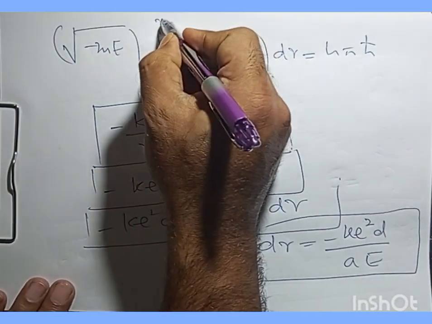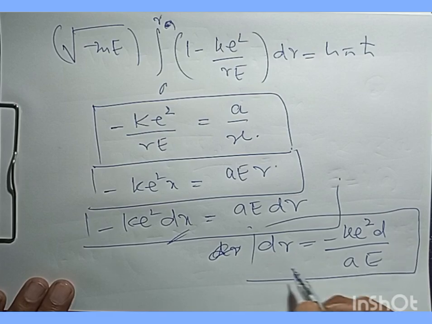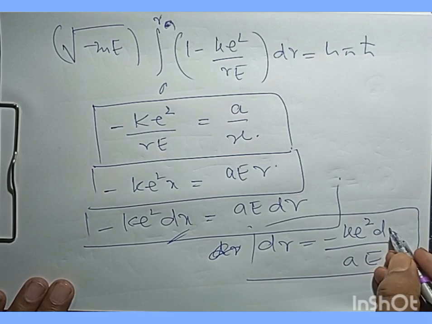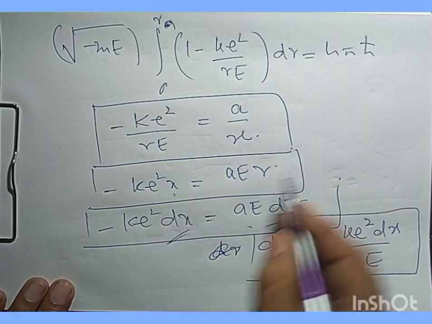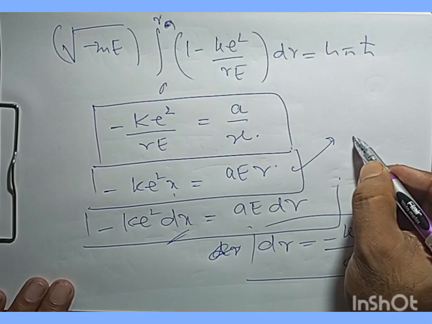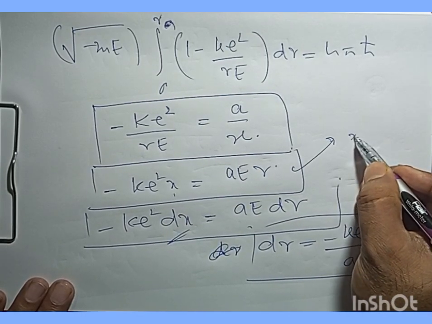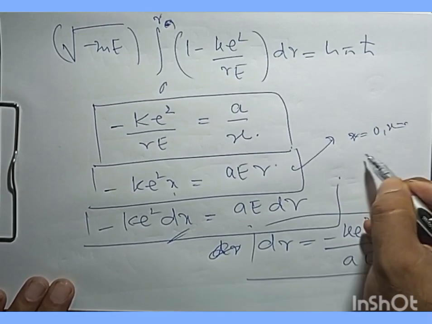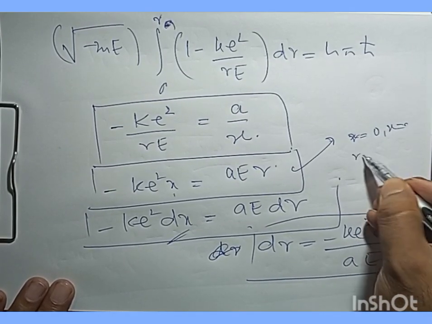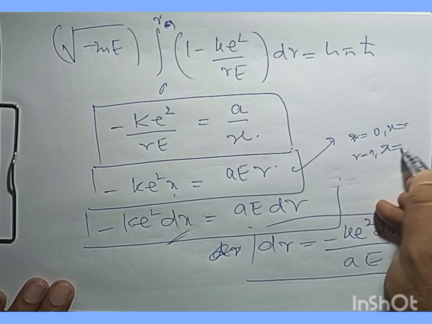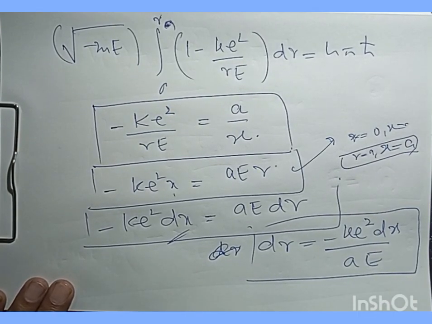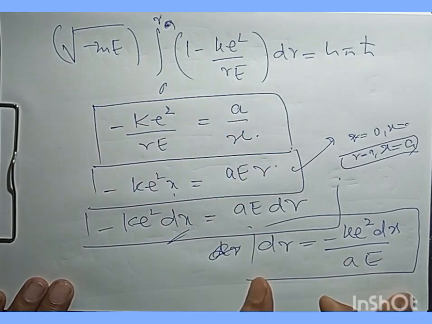You can check that for r equal to 0 we will have x equal to 0, and for r equal to A we will have x equal to A. It can be easily evaluated. So we can use these in the above equation.